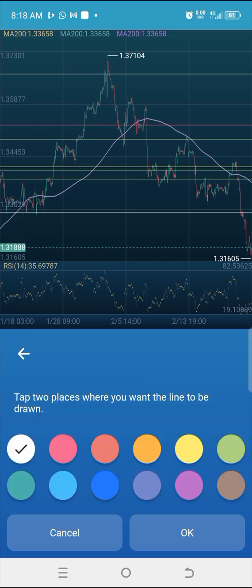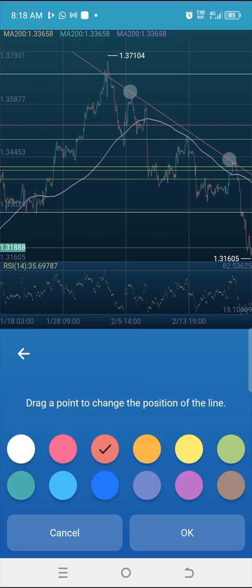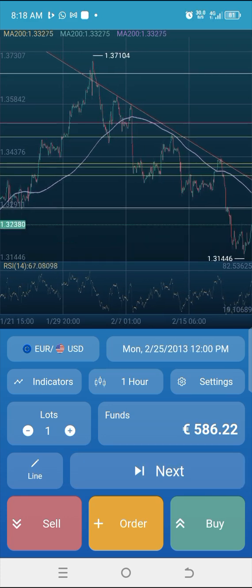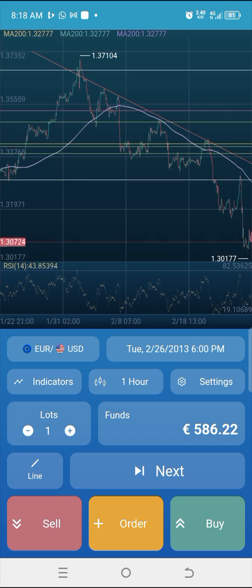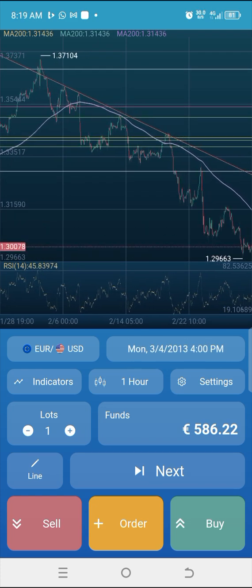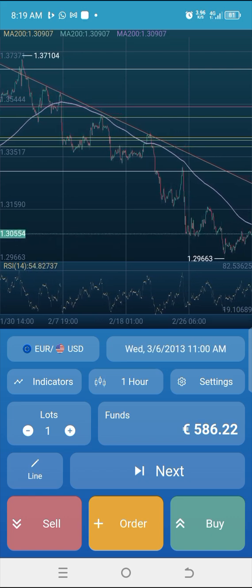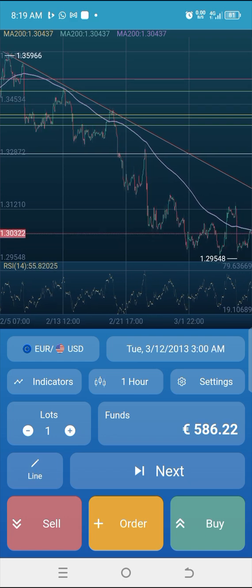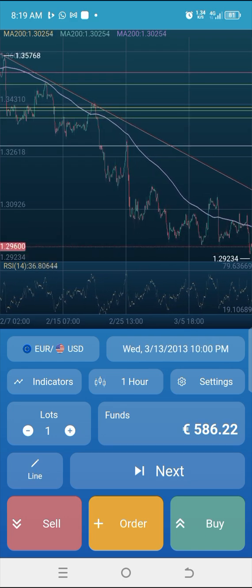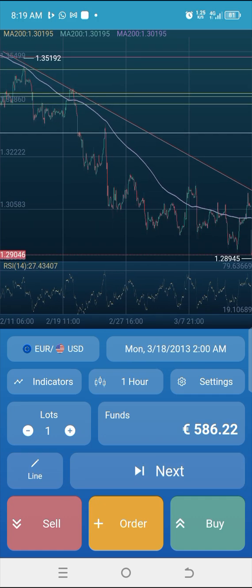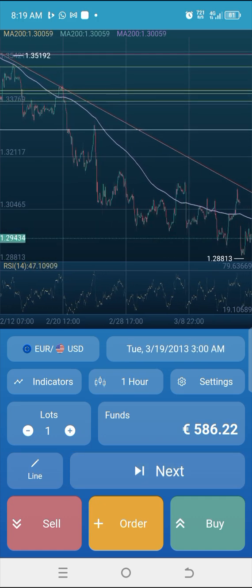Okay, so let's draw a trend line. Okay. Price is going down. Sellers, those who have sold, are really having fun. I'm just increasing the speed so that I'm waiting for the break of the trend line, basically.